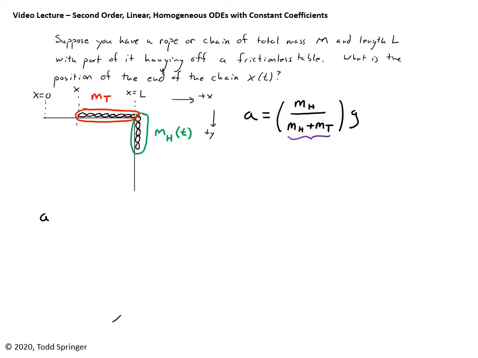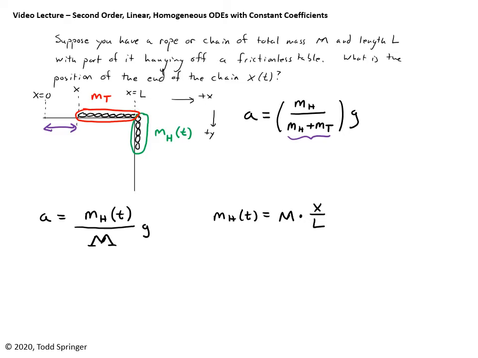So my acceleration is going to be however much of the mass is hanging over the edge as a function of time divided by the total mass times g. And now I have to think about how much of the mass is hanging off of it.